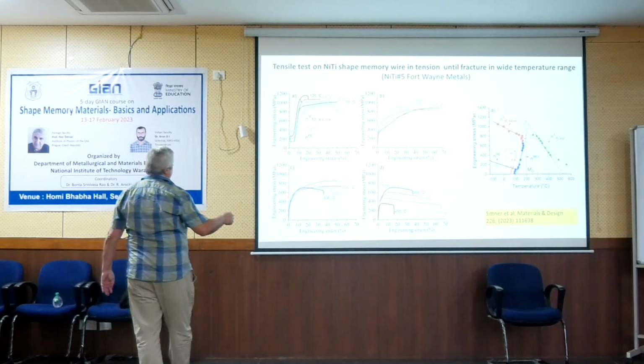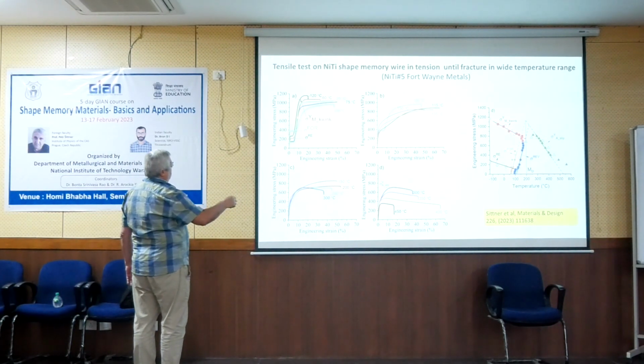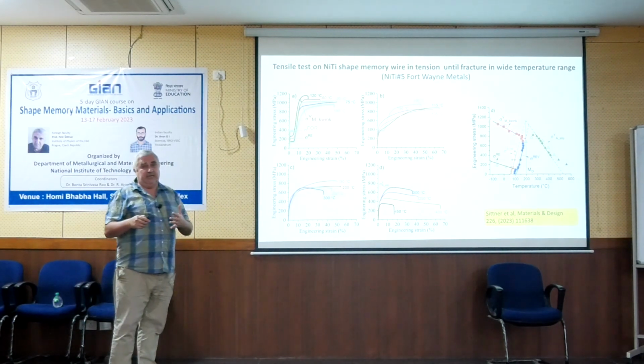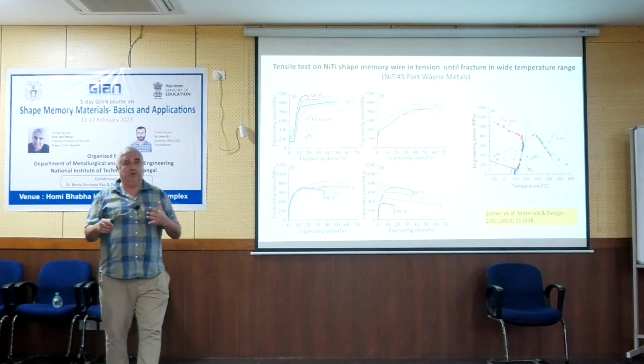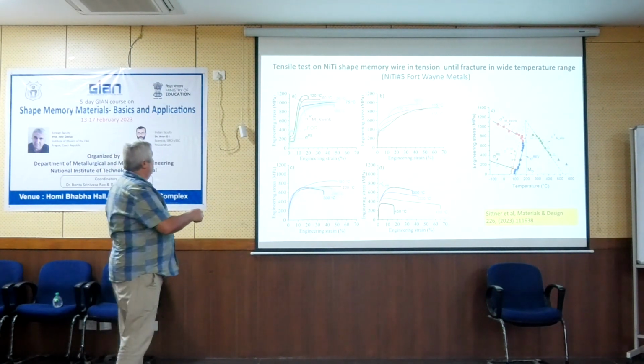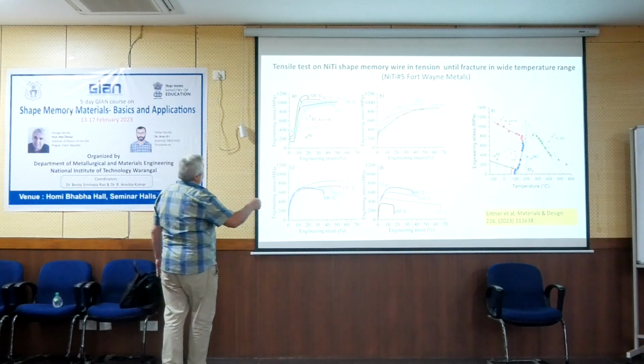If you see here, this is at minus 100 Celsius, and this is at room temperature, so 100 Celsius difference, and the slope here is about the same. So at low temperature, the characteristics of the martensite, at low temperatures there is no plasticity, everything is fine, so you will get only the reorientation plateau.